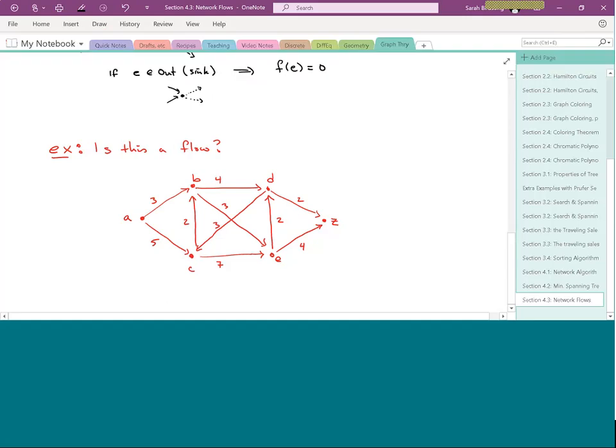Notice we know it's a network graph with weights on it. Now, in order to do the flow, it also has values associated to each edge. So that means there's actually two values associated with each edge. So see if you believe this guy is a flow or not.